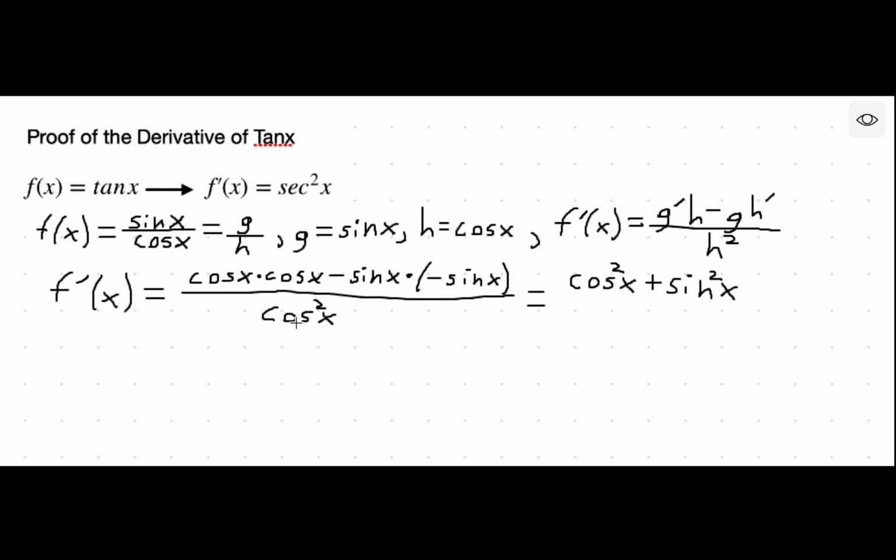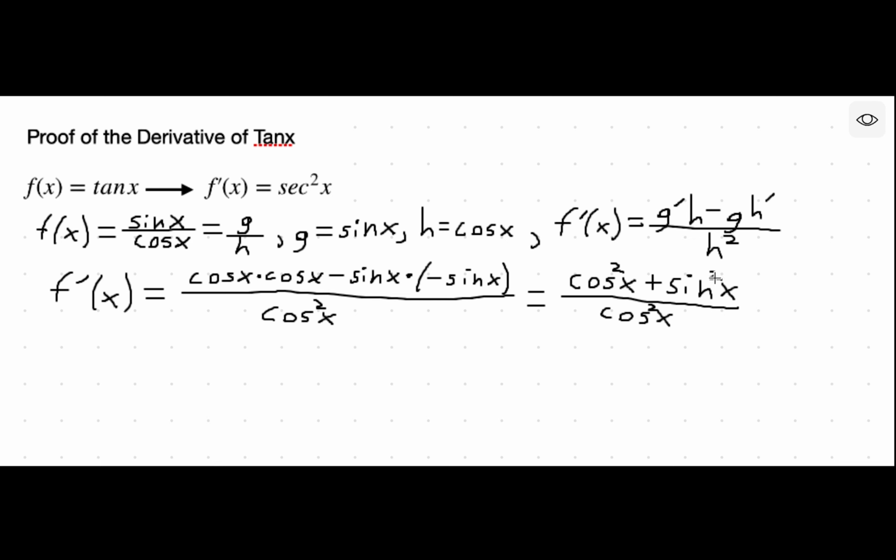And then we're just dividing by cosine x squared. So for the numerator, we have cosine x squared plus sine x squared.